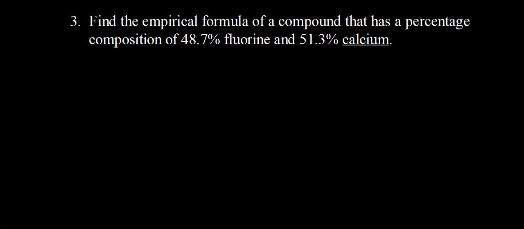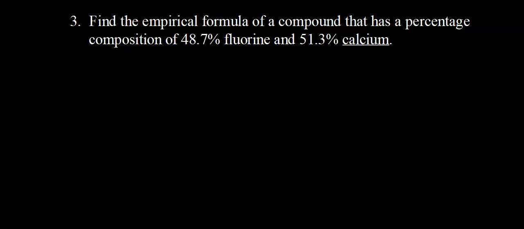So let's do this. Anytime you're given the percentage composition of a compound and we're trying to find the empirical formula, we're going to make an assumption. Let's assume you have 100 grams of this compound. Now, if you have 100 grams of this compound, of that 100 grams, how many grams of it would be fluorine?